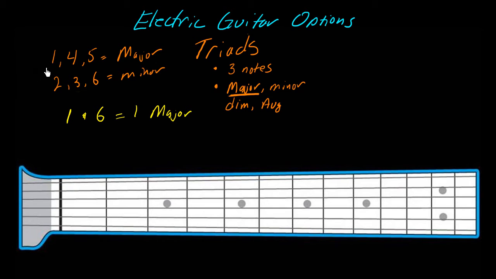When you run into chords 4 and 2, these 2 chords are related. Even though 4 is major and 2 is minor, you're going to use just the 4 major triad. And then the only 2 that's left, the 5, which is a major chord, and 3, which is a minor chord, are related.